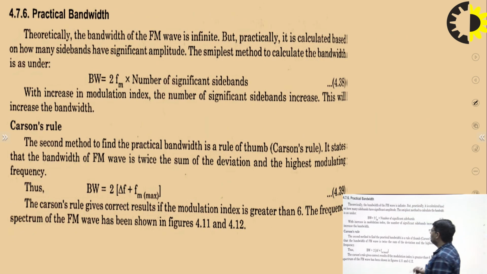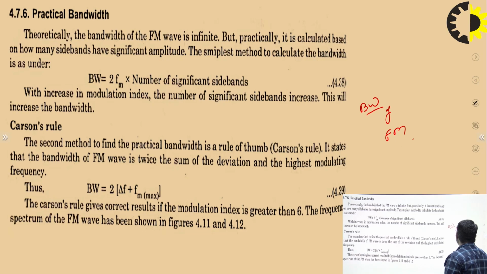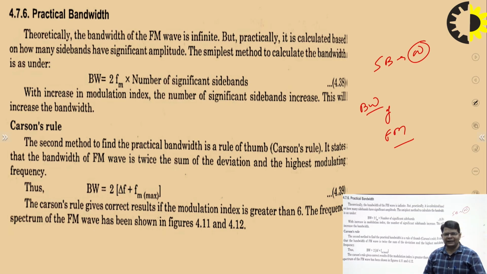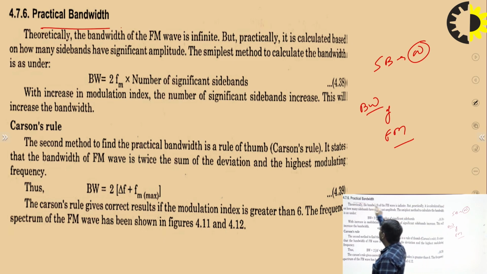Now, how can we calculate the bandwidth of FM? Basically, the bandwidth depends upon the number of sidebands. In the ideal scenario, the number of sidebands is infinite, so the bandwidth of the frequency modulation will be infinite, but practically we consider only the significant sidebands.